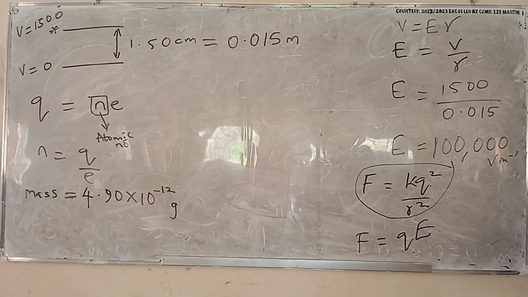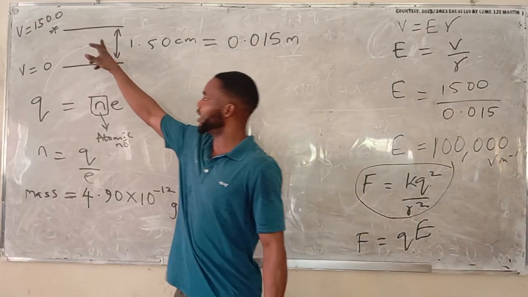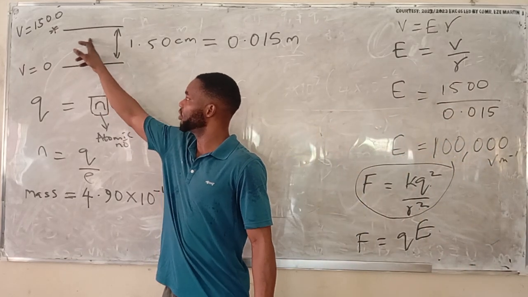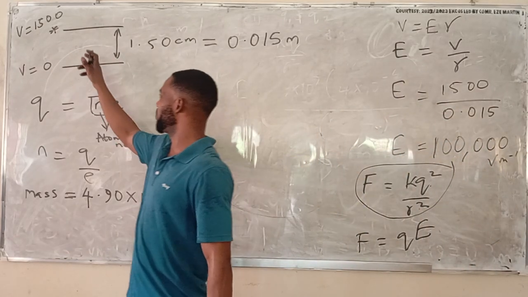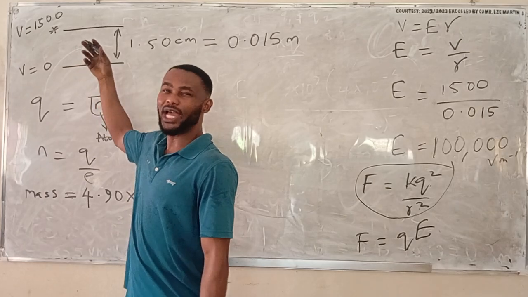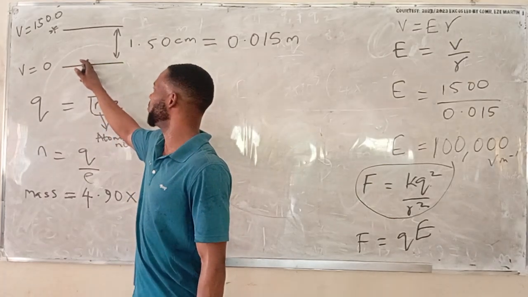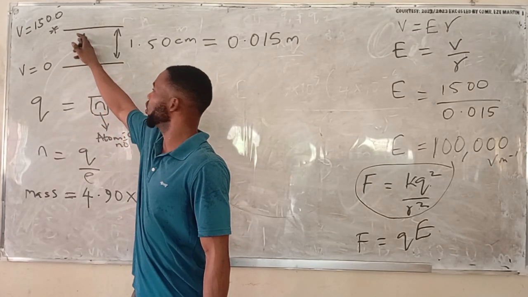But what I know is that for the fact that there is an oil drop in between these two plates, there is an electric field created in this region. Remember, this oil drop is more like an assumption. They did not say it's placed down or on this.